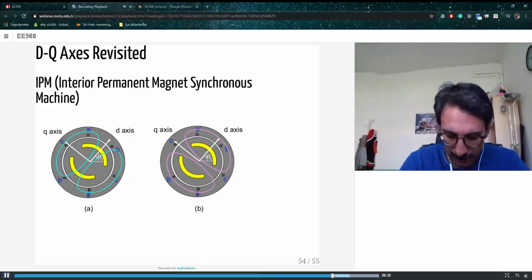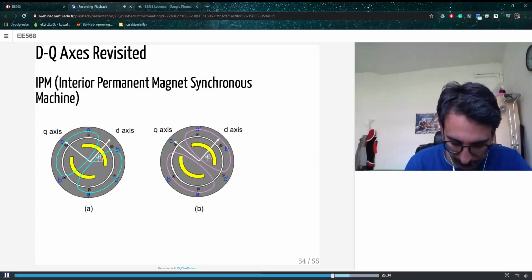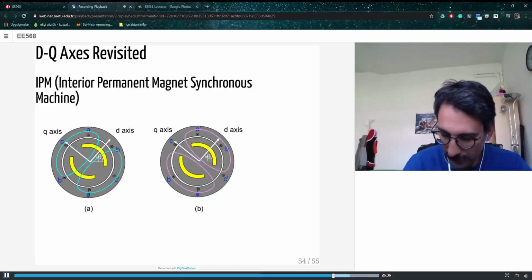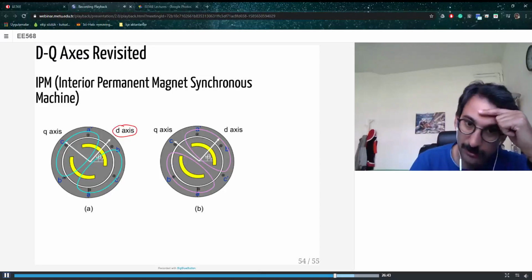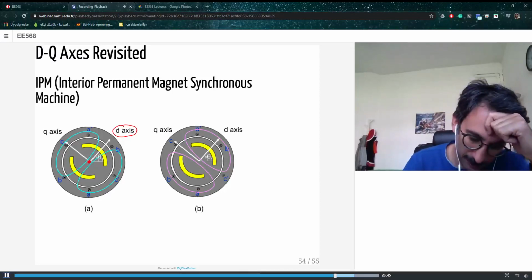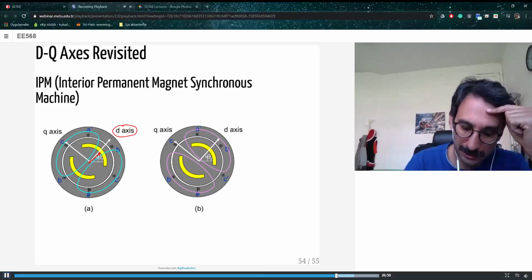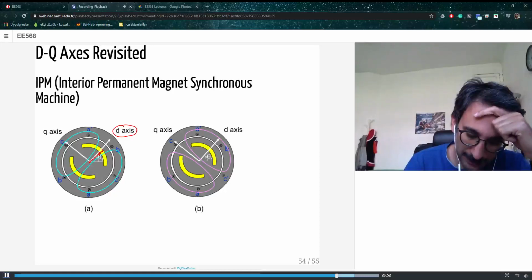Okay, so what is happening here? Let's see, I will try to plot it. For the d-axis, if you follow the flux, that yellow area, the permanent magnet area, is like air for you. So you pass through one air region, then another air region, and then you come back through another air region and another air region.